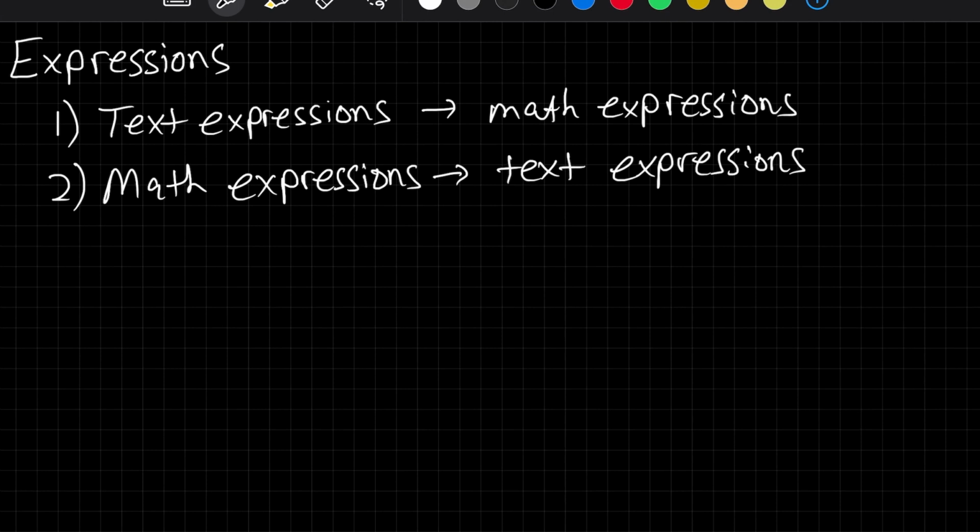We're going to go from expressions that may be written in text or someone could verbally give them to you, and then we're going to convert those into mathematical expressions. And then next, we're going to learn how to look at mathematical expressions and write that out in words and letters and numbers.